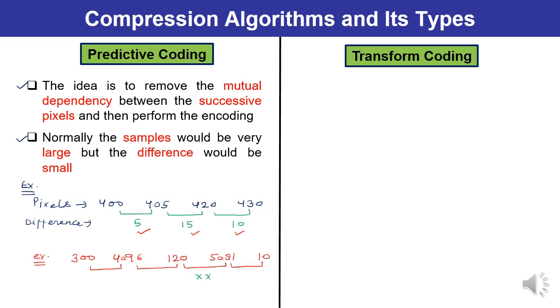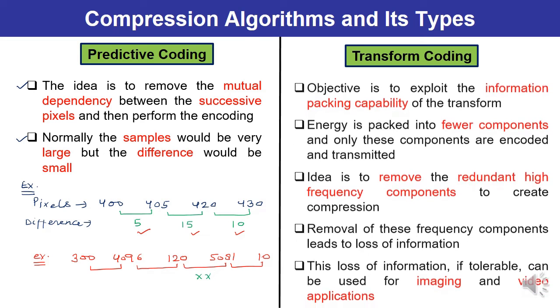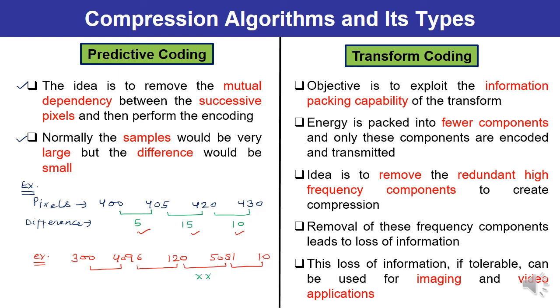What is transform coding? The objective is to exploit the information packing capability of the system. Note down the important point: here energy is packed into fewer components and only these components are encoded and transmitted. The human eye is more sensitive to lower spatial frequencies than higher spatial frequencies. So the idea is to remove the redundant high frequency components to create compression.